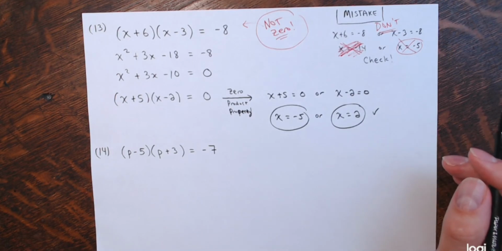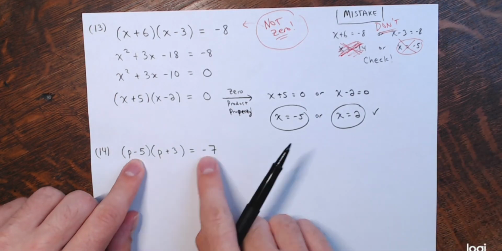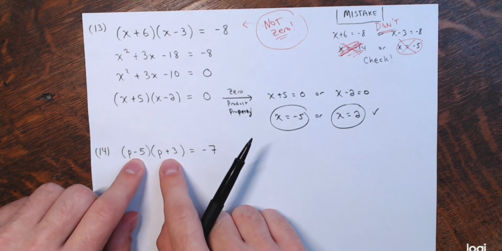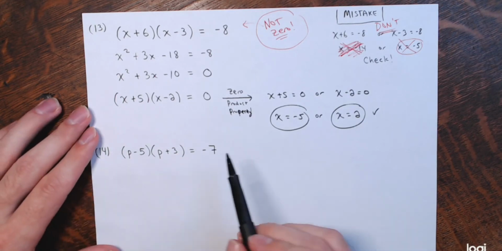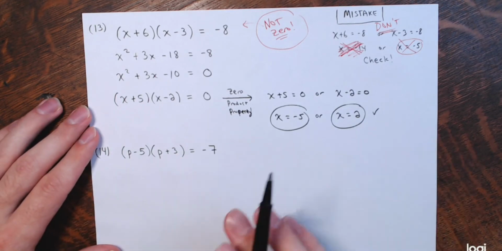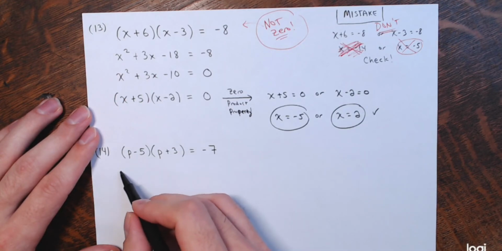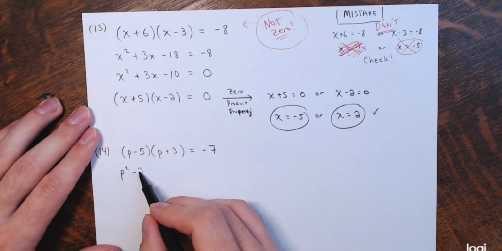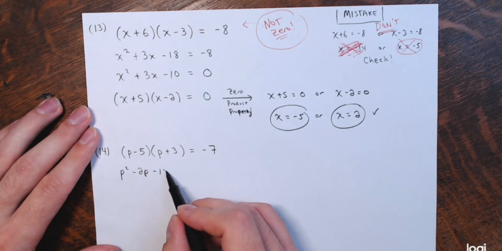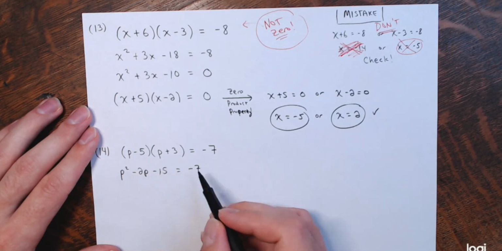So same thing for 14. See, I've got a product equal to a number, so I can split them up. No, you can't. I want everything on one side, 0 on the other side. So I'm going to simplify this. We got p squared minus 2p minus 15 equals negative 7.